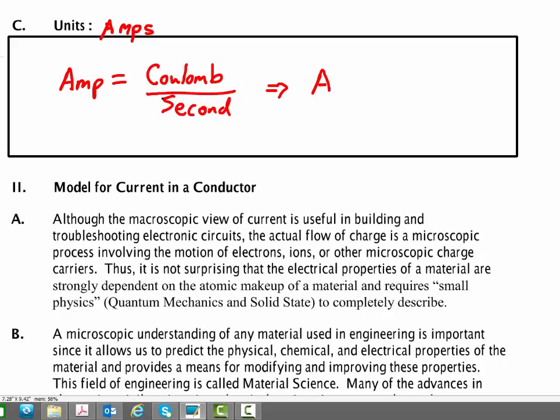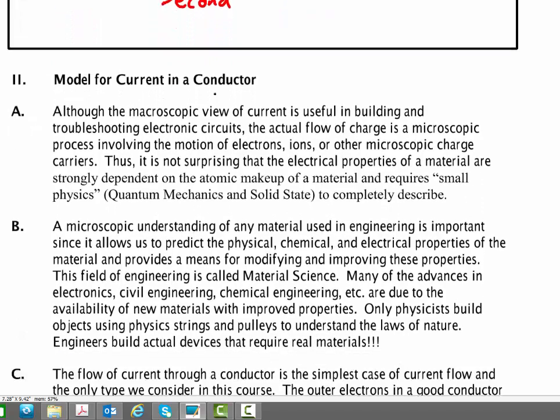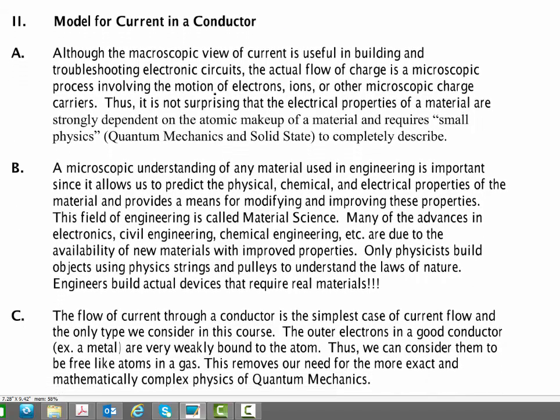So instead of actually measuring coulombs, we actually measure amps. That's the definition, and then we integrate that over time to find charge. So although we did it this way, it's not the way the unit system is set up. The next thing that we need to take a look at is some models for current in a conductor.